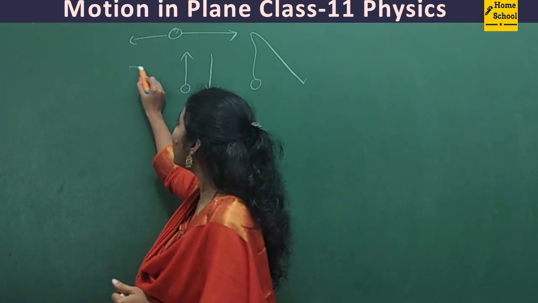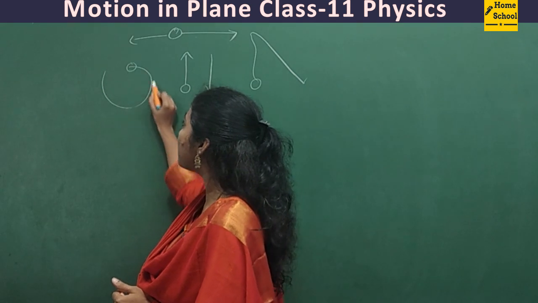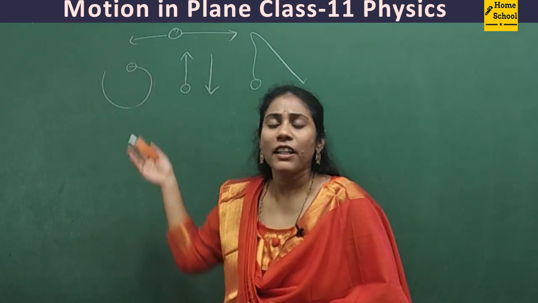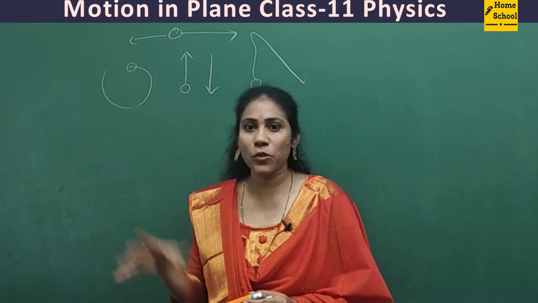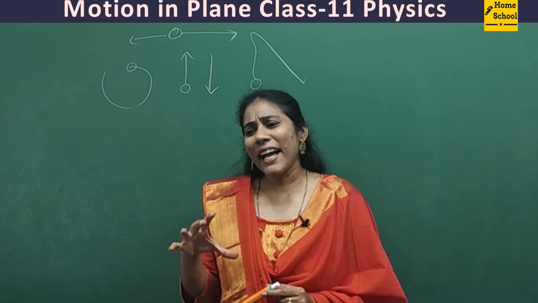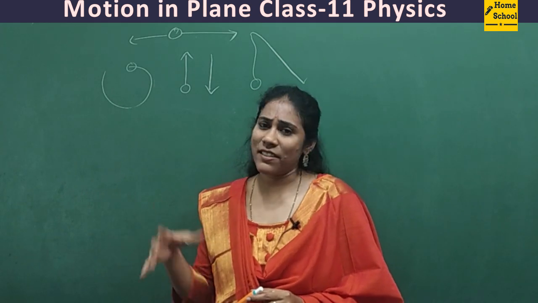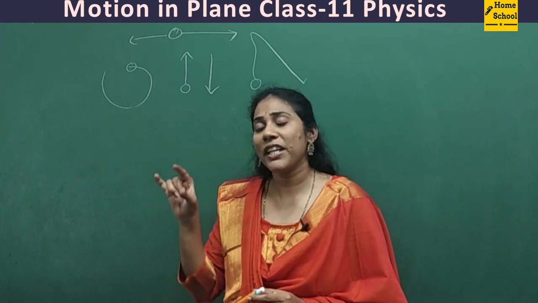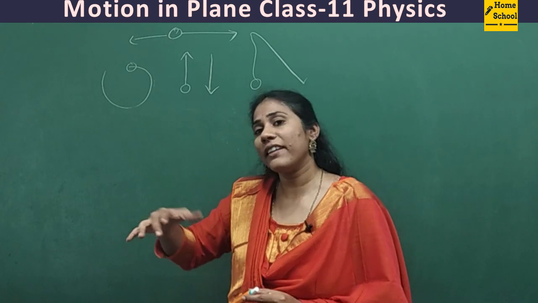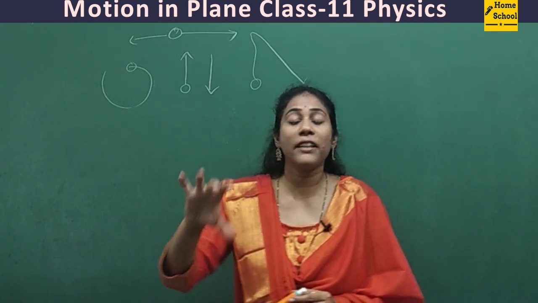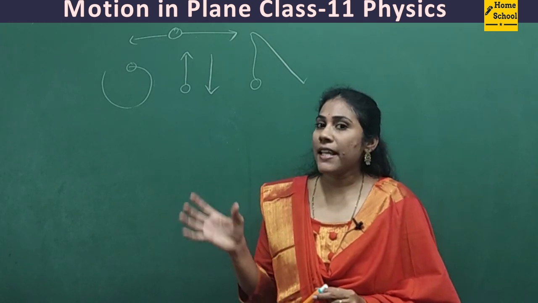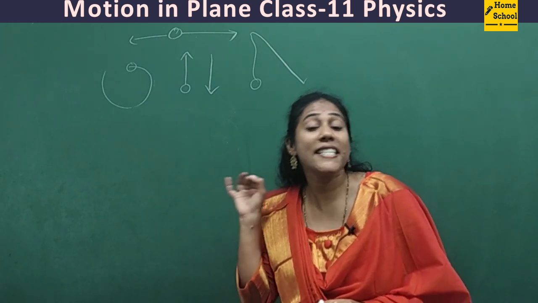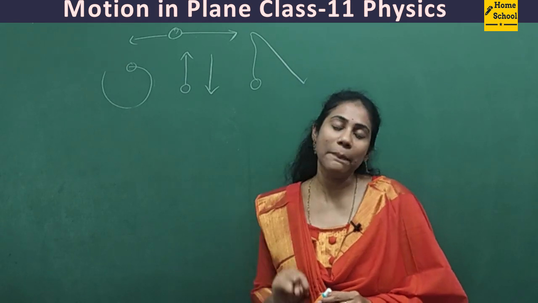If you observe circular motion, an object moving in a circular path, say like that, you have many instances where you will observe the object moving in two dimensions, or in other words, we say the object is moving in a plane.